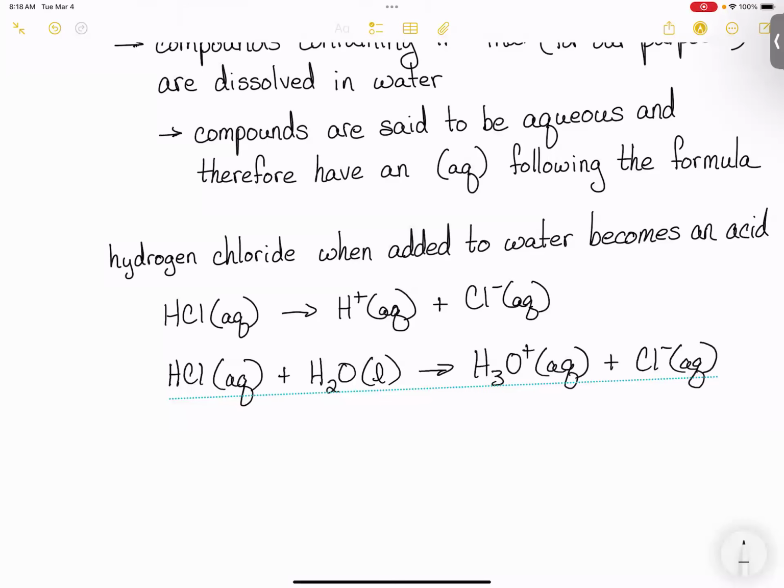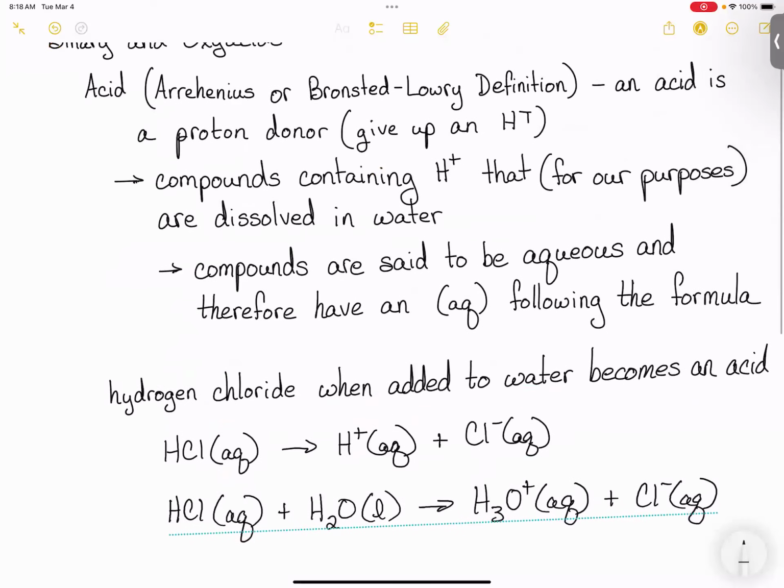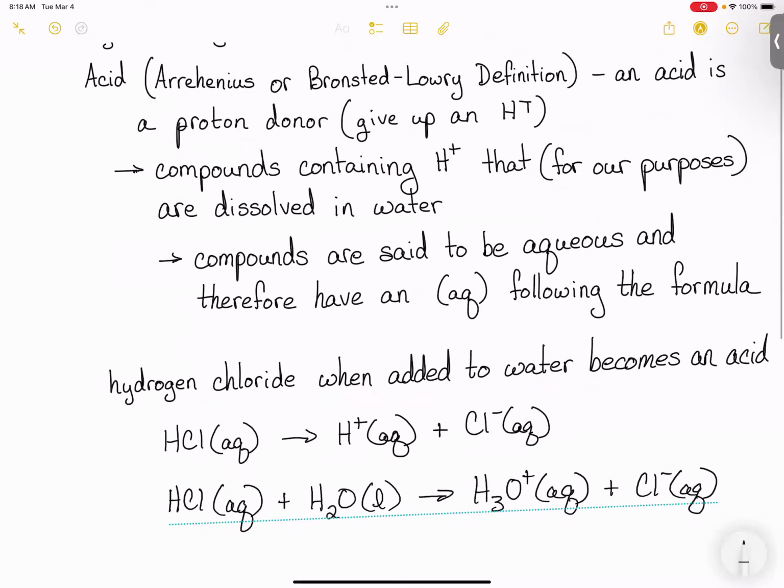So again, an acid is a proton donor, meaning that it is going to give up an H plus ion. For our purposes, these compounds are dissolved in water, and therefore they are considered aqueous, which we represent as an AQ following the formula.